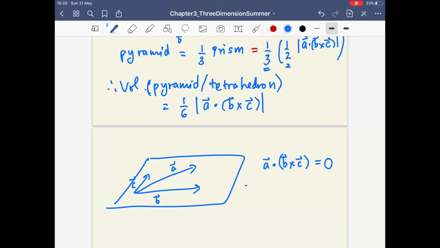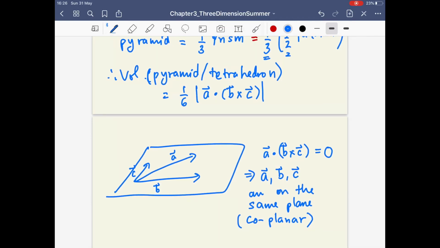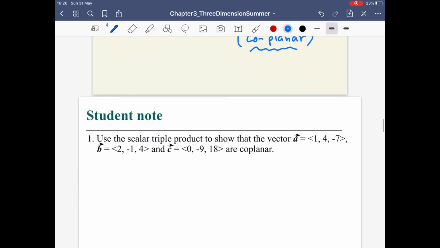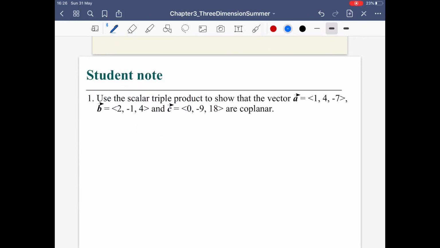So if you have this, it means that your A, your B, and your C lie on the same plane, which we usually call coplanar. So if your triple product equals 0, then these three vectors are called coplanar. Okay, so let us go ahead and try to look at an example.